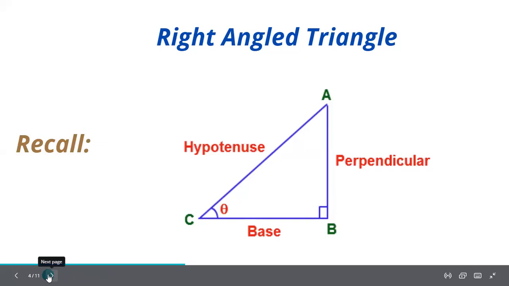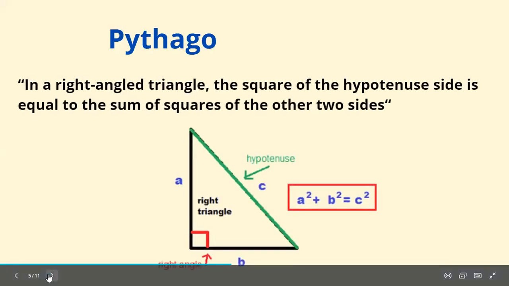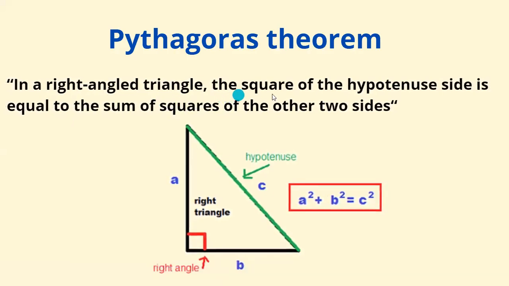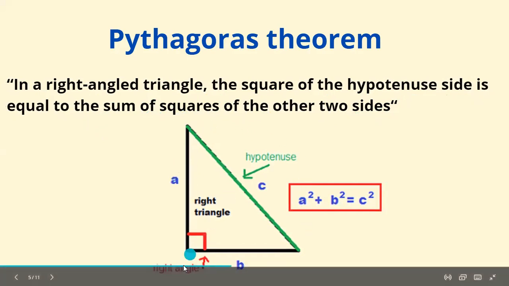Based on this, the mathematician Pythagoras derived the formula: in a right angled triangle, the square of the hypotenuse side is equal to the sum of squares of the other two sides. Here I have marked the sides as A, B, C. Here it is 90 degrees, that is the right angle, and the longest side gives your hypotenuse.